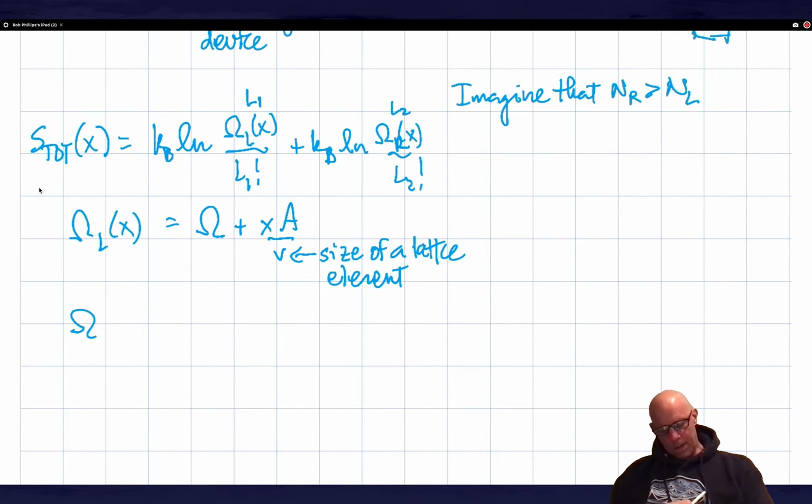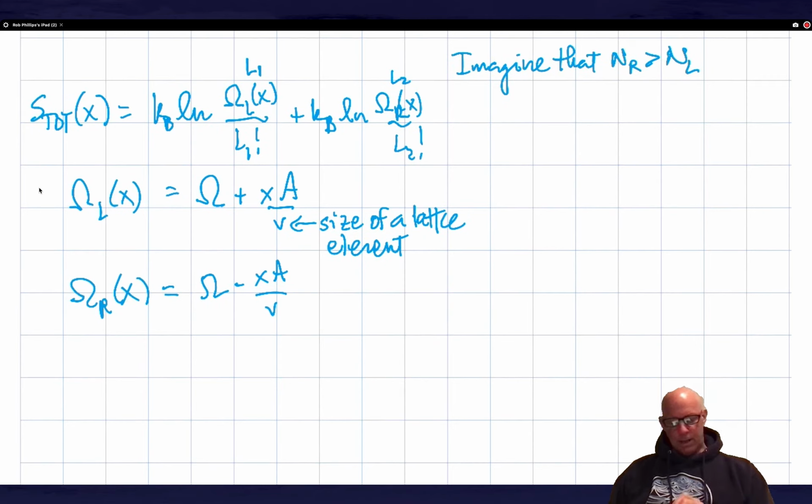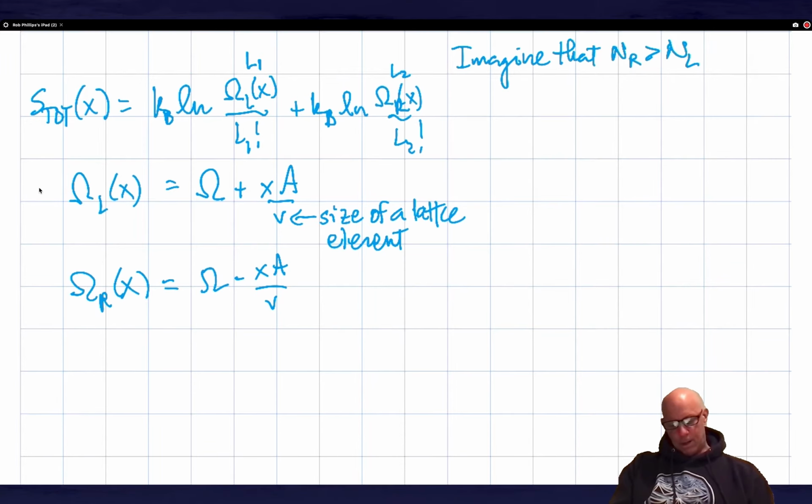Omega right of x is going to be omega minus xa over v, because the total volume is conserved. If the partition moves to the right, that decreases the volume on the right and increases the volume on the left. That increases the number of states available on the left, and decreases the number of sites, and thus the number of states, on the right.